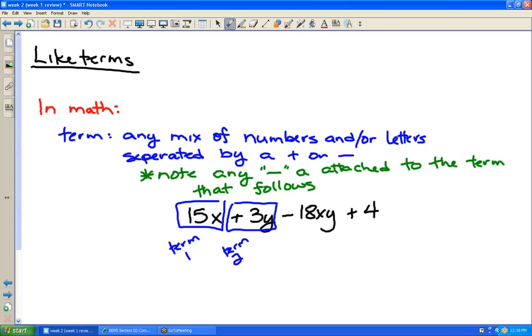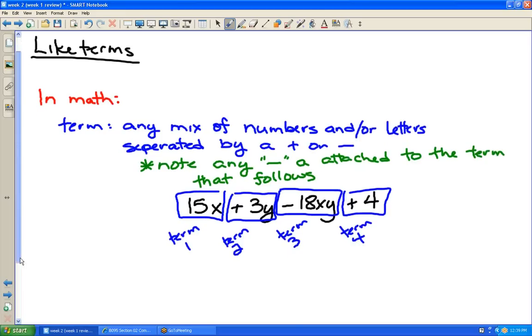Now, when I talk about the second term, I'd say 3y because I always assume things are positive unless they tell me otherwise. This would be a problem with minus 18xy, but my term is a negative 18xy. And this is my fourth term. So that is just what a term is.